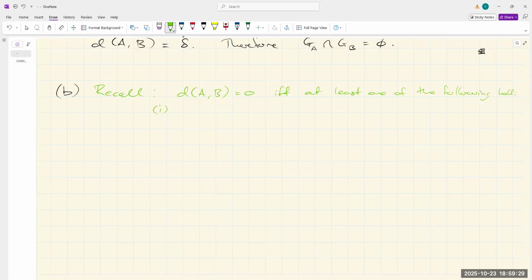The first one is A and B are not disjoint. If they share a point in common, then the distance between them will be 0. The second one is if A contains a limit point of B. And the third one that could happen is vice versa: if B contains a limit point of A.